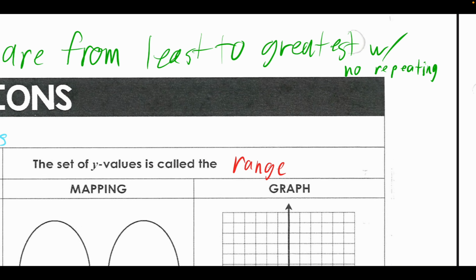So you order the x values for the domain from least to greatest, no repeating, and the same thing's true with the y values for the range.